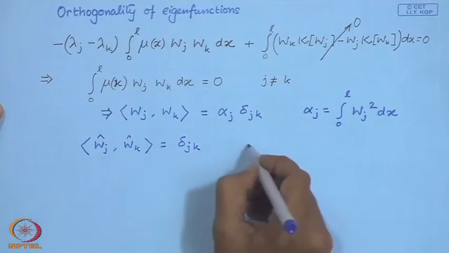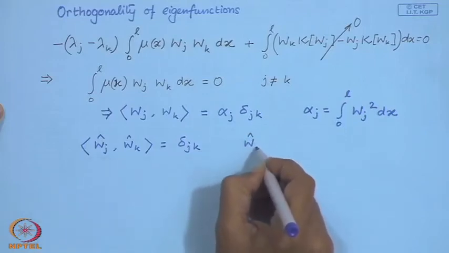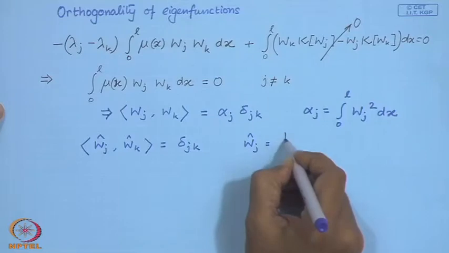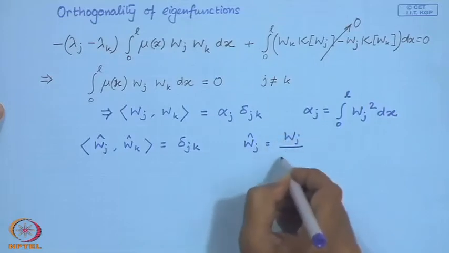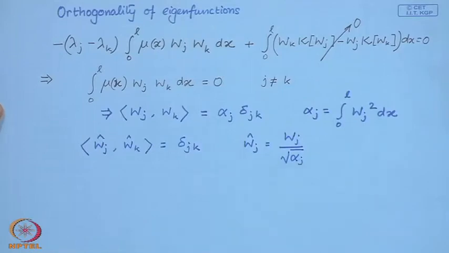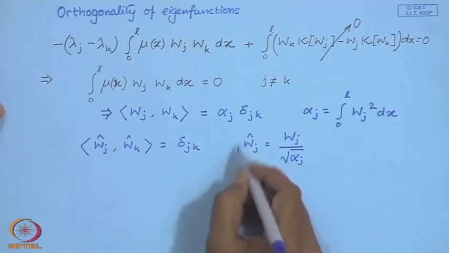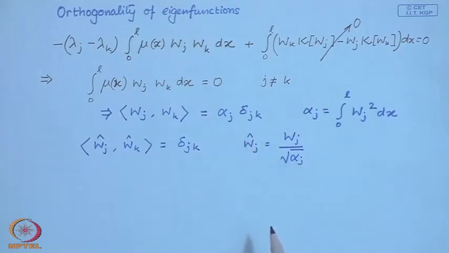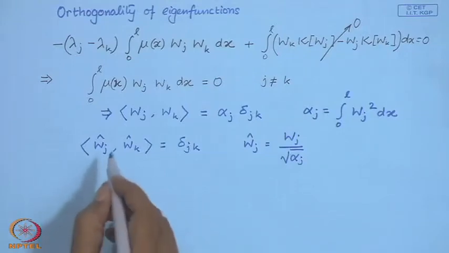Here, W_j hat is W_j over square root of alpha_j.